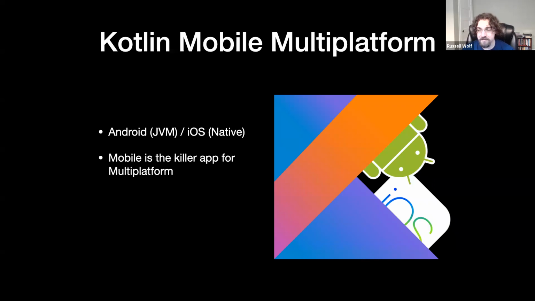But what's really nice about mobile is there's quite a lot of parity between those platforms. If you're sharing between server and client on web, you might be sharing some validation logic and some data models, but you have two environments that are doing different things, and so you're not going to share as much. On mobile, you typically have apps that your users or your product managers want to be as similar as possible. So you have that same use case and similar capabilities across these devices. And that's where Kotlin multi-platform really shines.